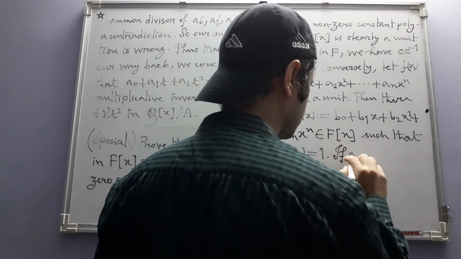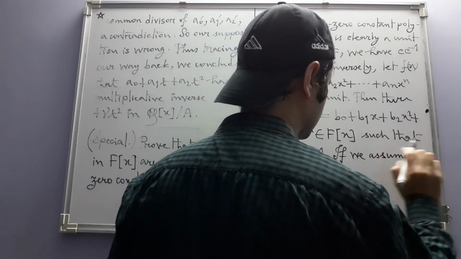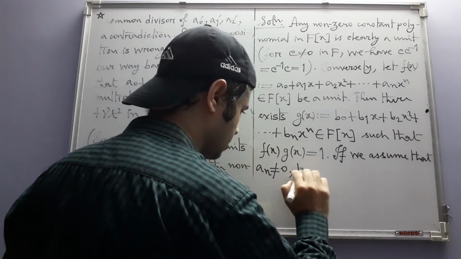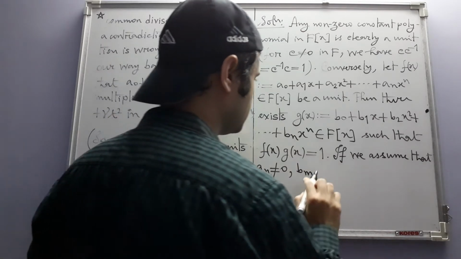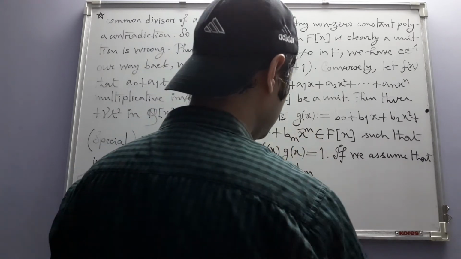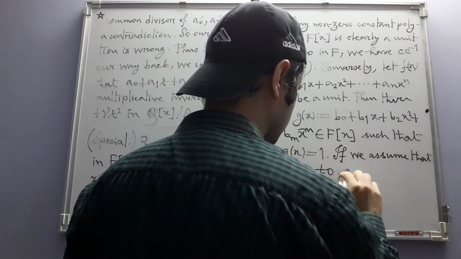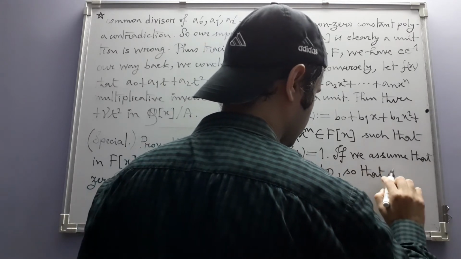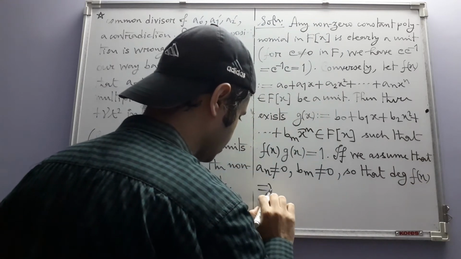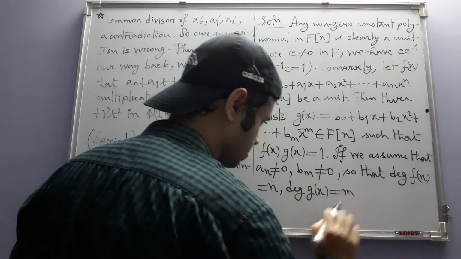If we assume that an is not equal to 0 and bm, here also I considered n, no, let us take m here, bm also to be non-zero, so that degree of f(x) is n and degree of g(x) is m.